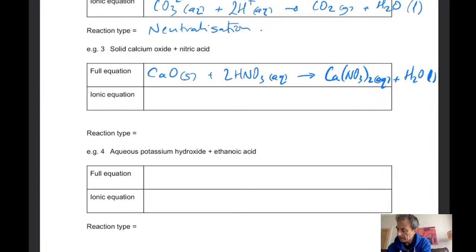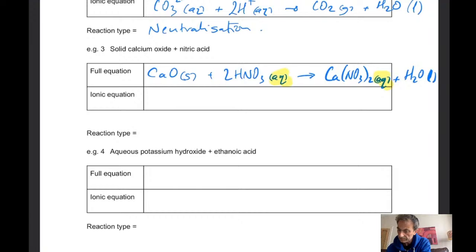So let's highlight the things we're going to have to turn into ions. So what have we got here? We've got 2H plus ions and 2 nitrate ions. We've got a calcium 2 plus aqueous ion and 2 nitrate ions. So the 2 nitrate ions are going to cancel.